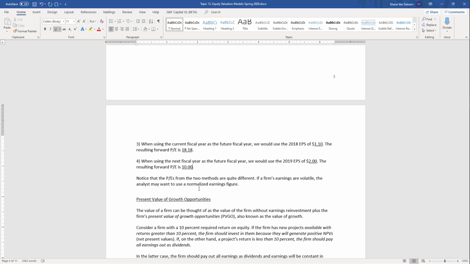If a firm's earnings are volatile, the analyst may want to use a normalized earnings figure. A normalized earnings figure is one that makes sure to take out any non-recurring income for the firm.